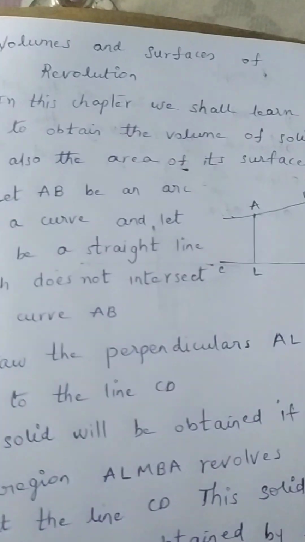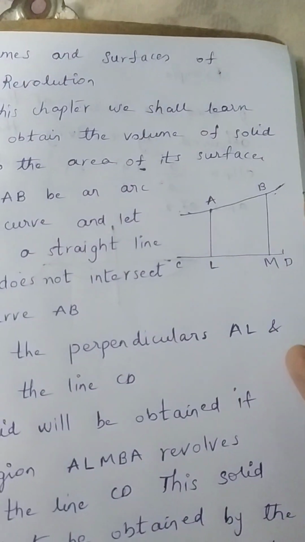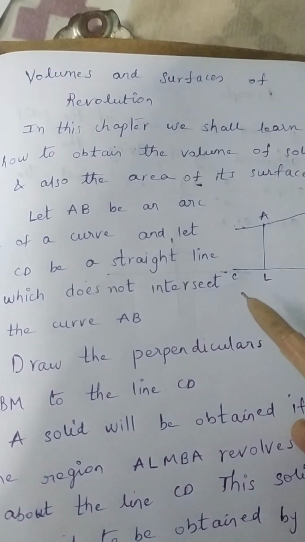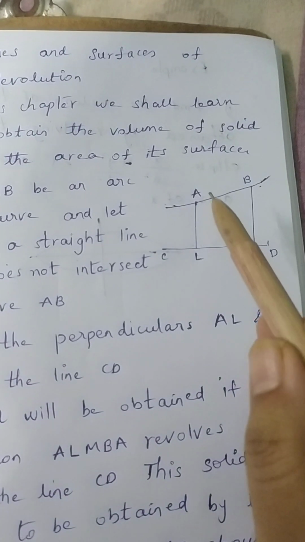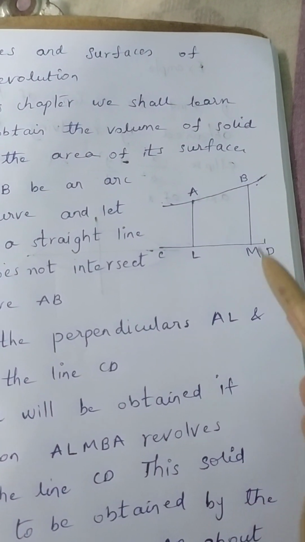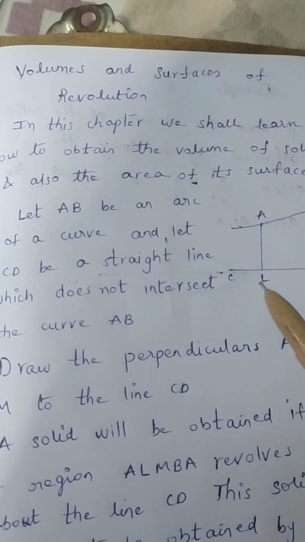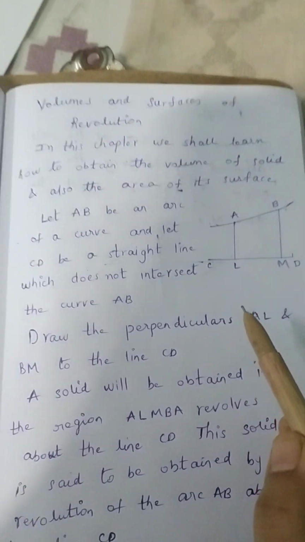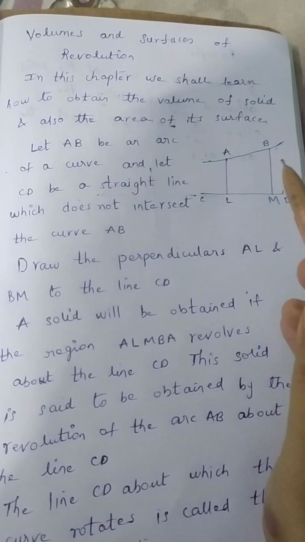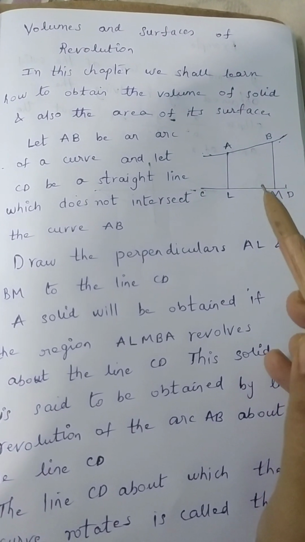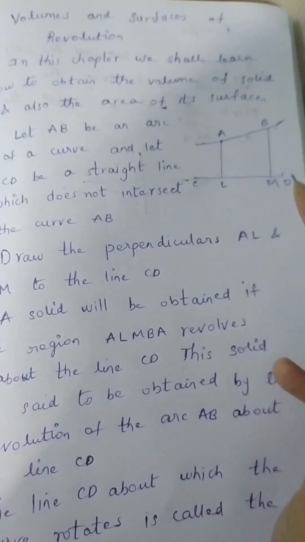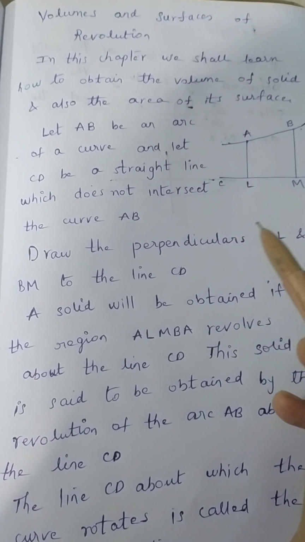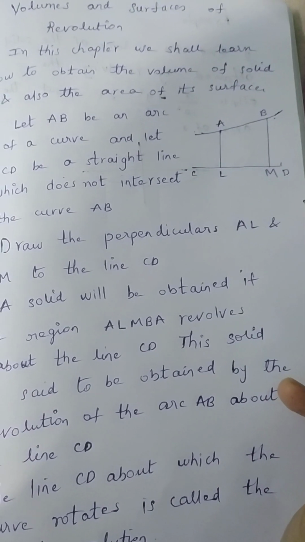Once again I am explaining here. Let AB be an arc of a curve and let CD be a straight line which does not intersect the curve AB. Now draw the perpendiculars AL and BM. A solid will be obtained if the region ALMBA revolves about the line CD.